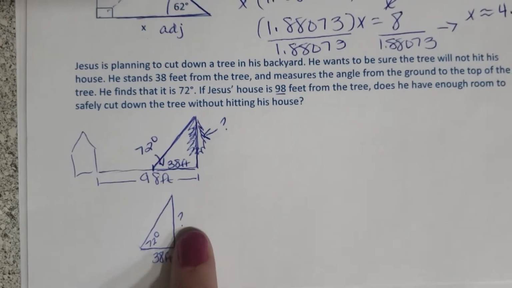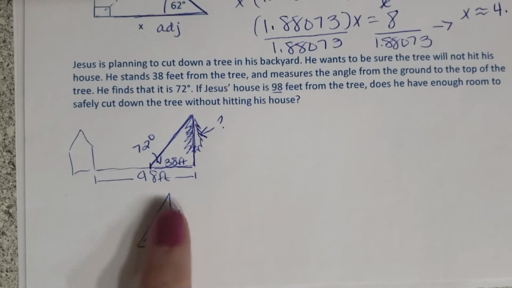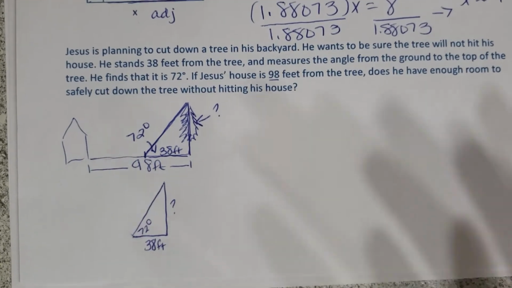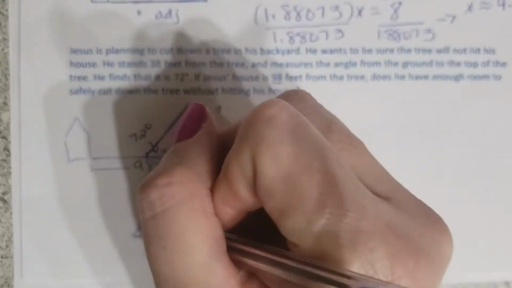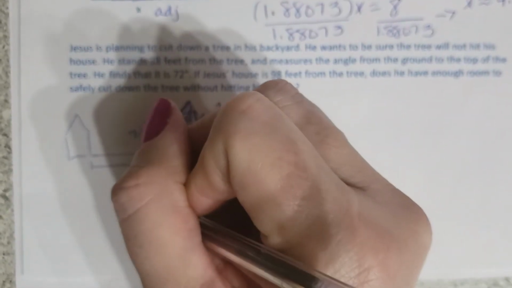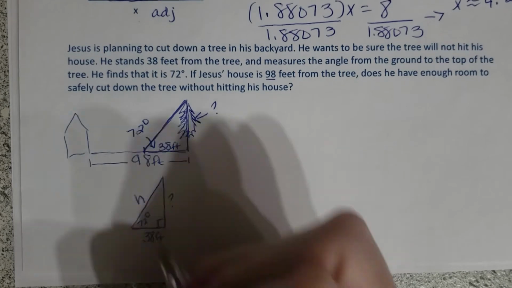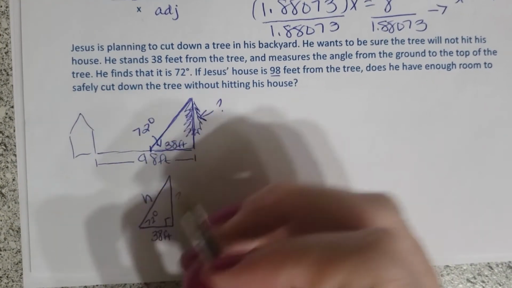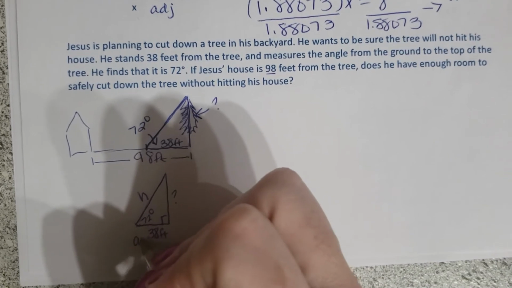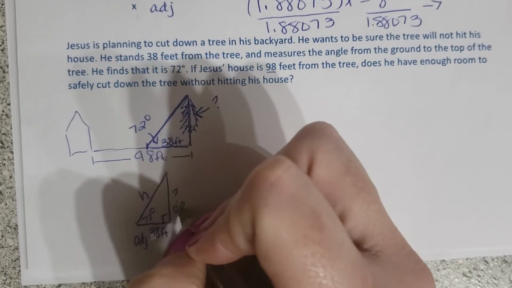And we want to know this side. Most importantly, we want to know, is this side less than 98 feet? So here's my angle. This would be my right angle. This is my hypotenuse over here. The angle is made up by the hypotenuse and the adjacent side. And so this would be the opposite side.